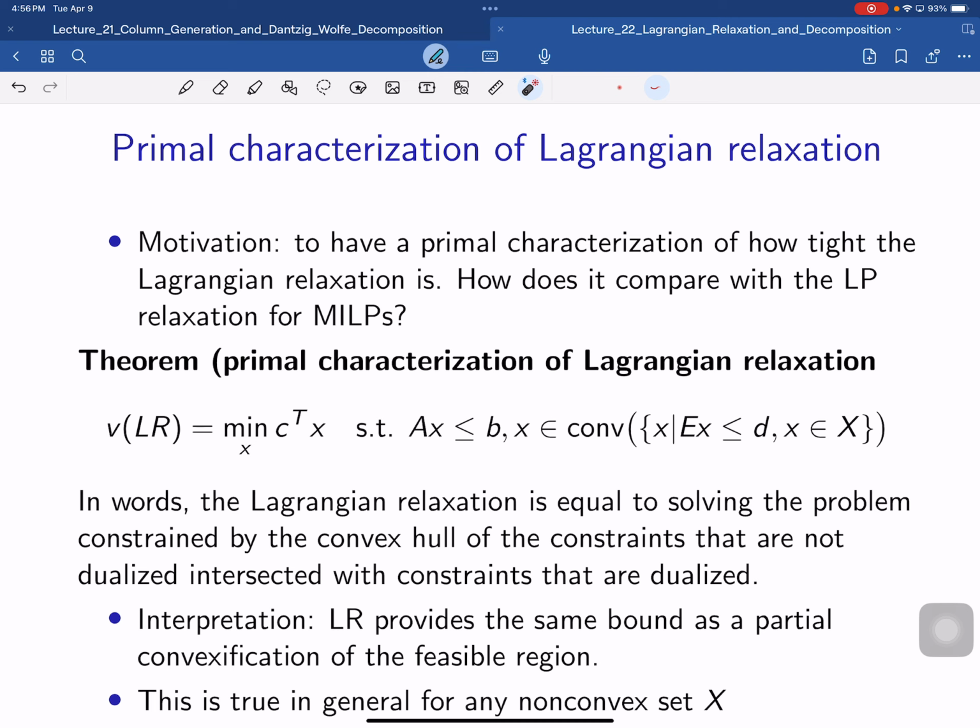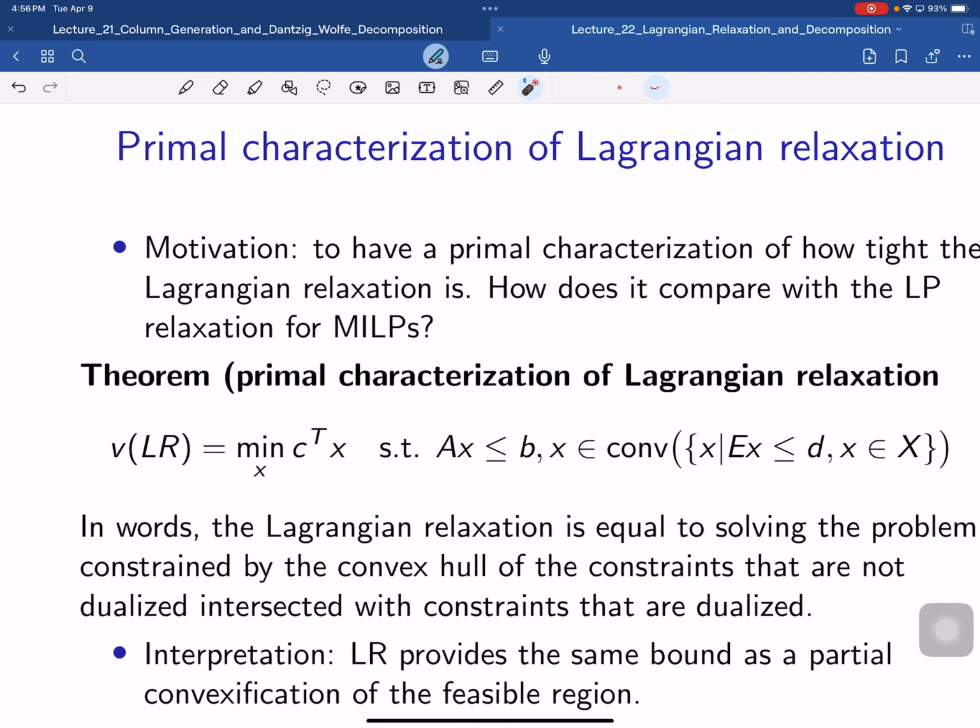Let's look at it very slowly. The theorem says the value of the Lagrangian relaxation is equal to the following optimization problem. It has the same objective function, c transpose x, and the linear constraints are the same. It also keeps the complicating linear constraint.